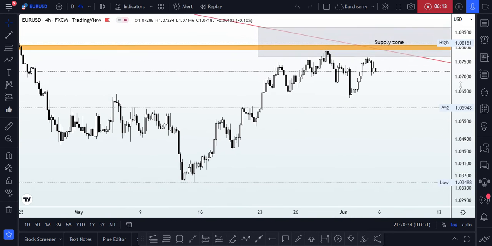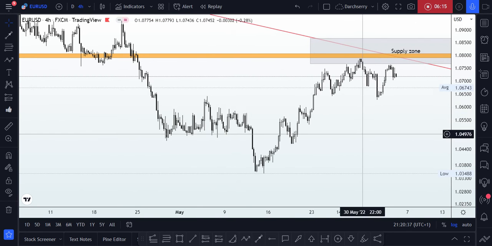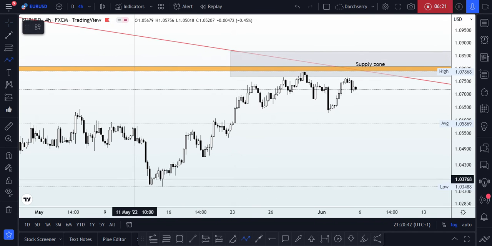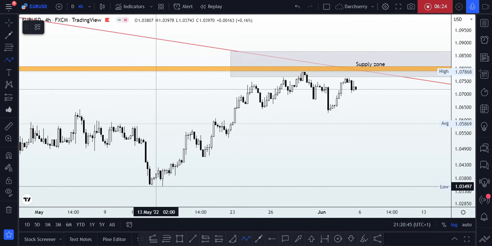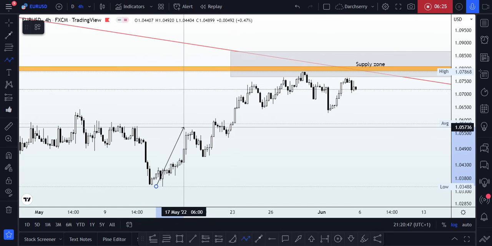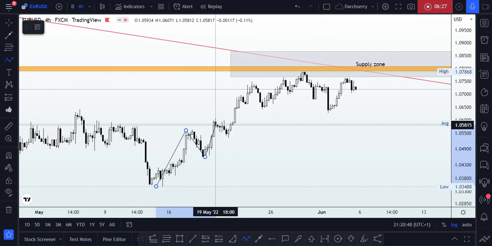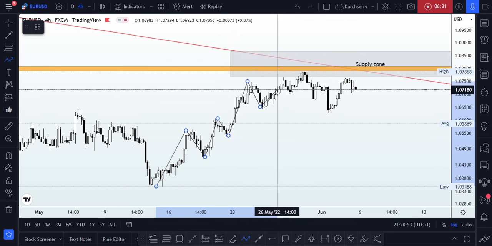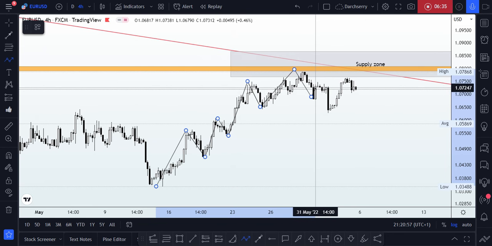If we go down to the 4 hours time frame, we can see that we had this bullish trend that began sometime in the mid of May, where we saw price continue to find higher highs and higher lows before it tested the 1.08 area after we began to see a decline in momentum of price action.